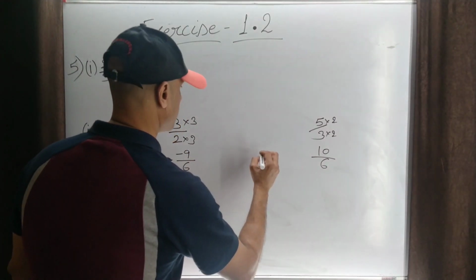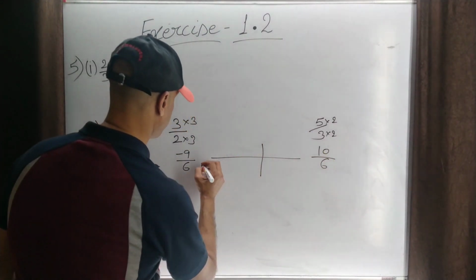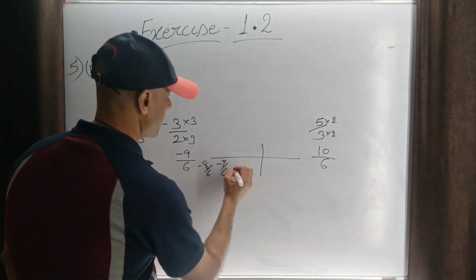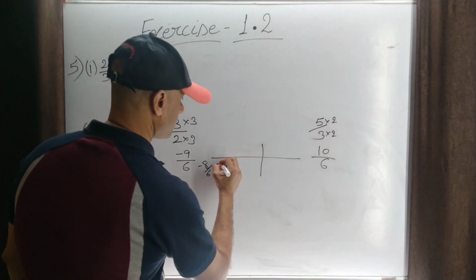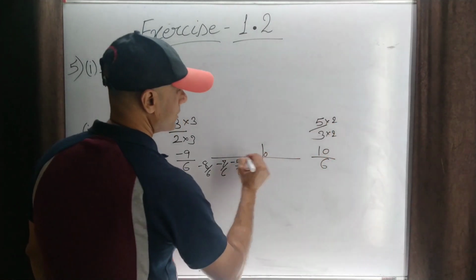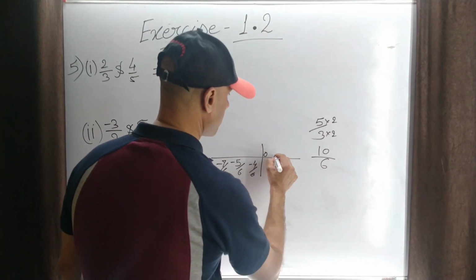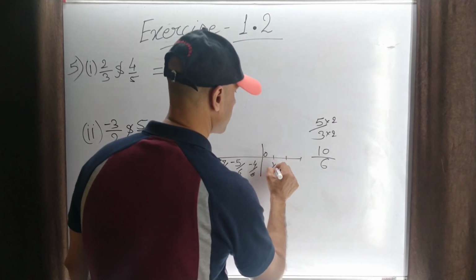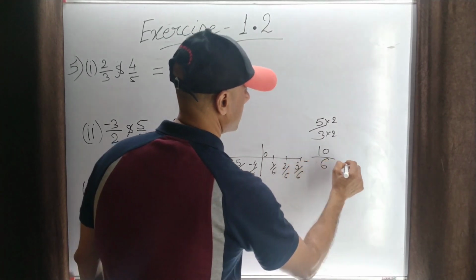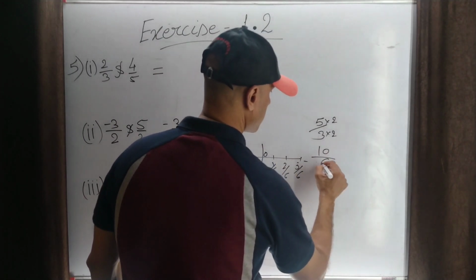On the number line, suppose you draw a number line here. Just imagine you are moving from left to right. So we'll get minus 8 by 6, minus 7 by 6, minus 5 by 6, minus 4 by 6 and so on till 0, and from here I've got 6 equal parts, so somewhere here you will have 1 by 6, 2 by 6, 3 by 6, and reach here, as 5 by 3 will be 10 by 6, somewhere here.